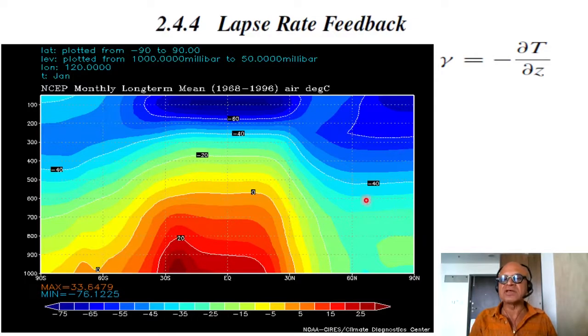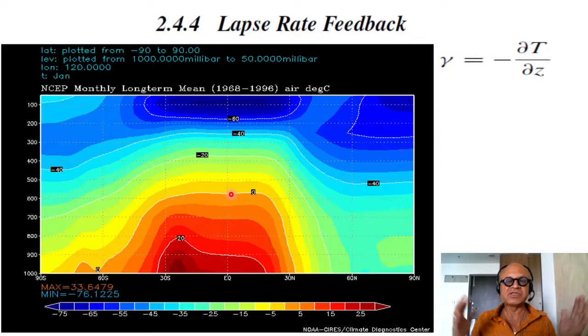To remind ourselves, lapse rate is just the vertical rate of change of temperature, which is around 10 degrees centigrade per kilometer in the tropics, and is probably around 6 degrees centigrade per kilometer when you go to higher latitudes.